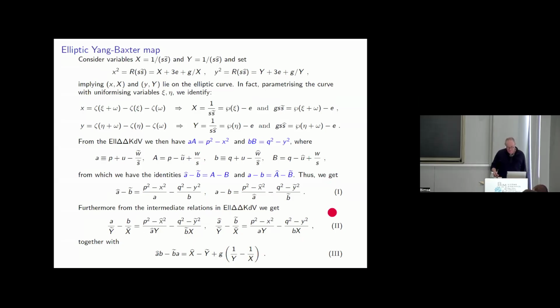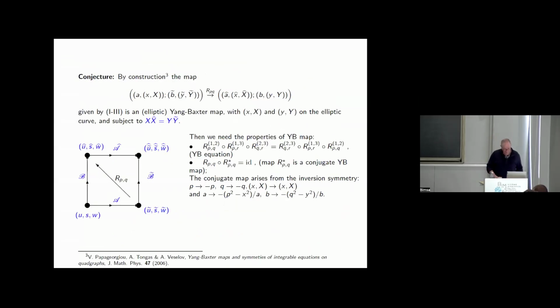So the whole system of quad equations reduces to this set of relations, but now essentially in variables that live on the links of the lattice. And that allows you to follow a construction which is actually due to Papageorgiou, Tongas, and Veselov, which related quad equations to Yang-Baxter maps. So you can follow the same procedure and create an elliptic Yang-Baxter map.